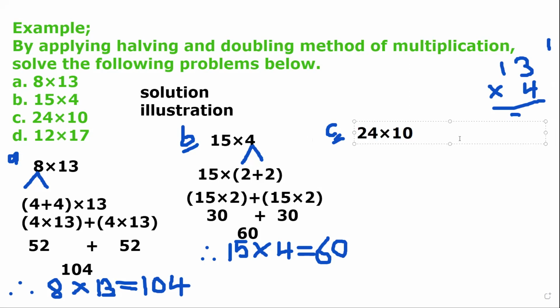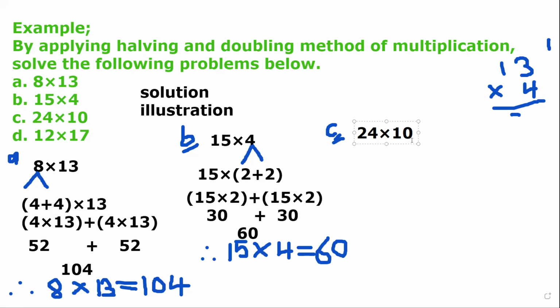The question C is 24 times 10. This is a situation whereby the two numbers are all even numbers here. So when it happens like this, you choose the minimum or the smaller even number here. And the minimum even number here is what? It is 10.